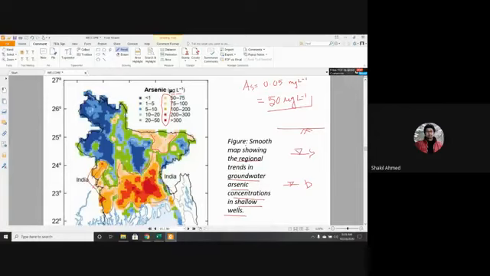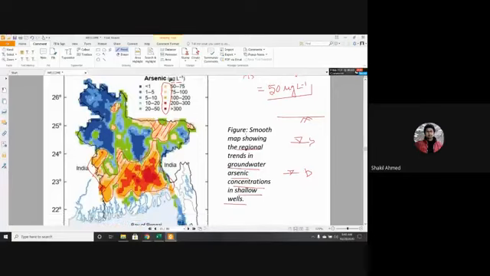Do you see? This cannot be drunk. This, not this portion. This. So this groundwater is dangerous to drink.